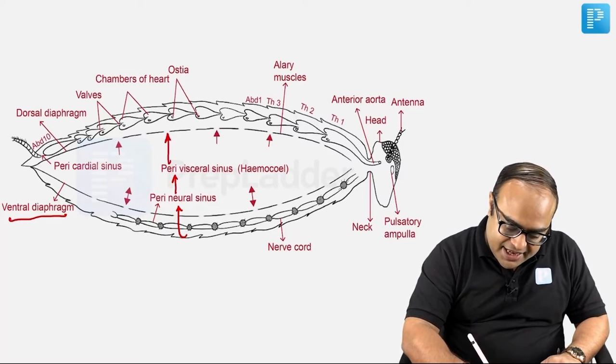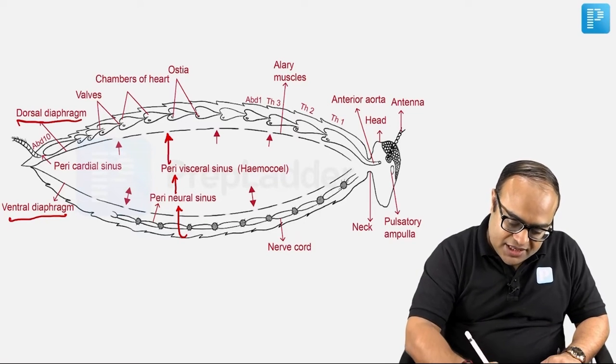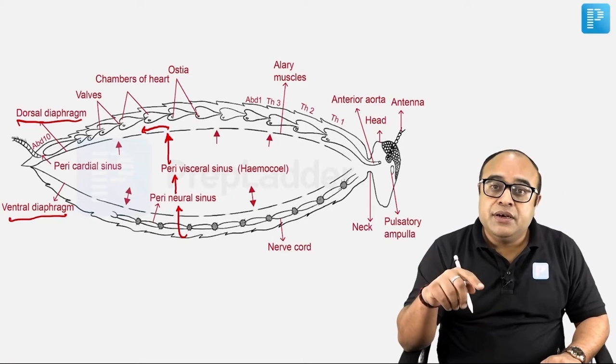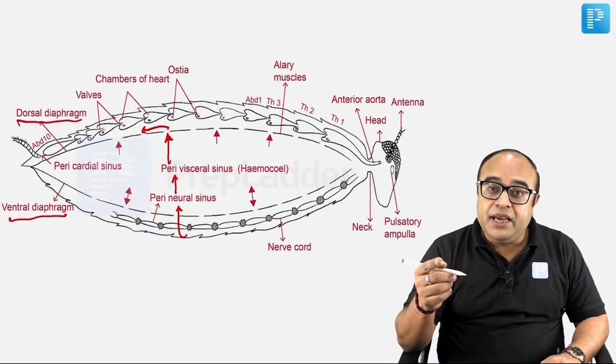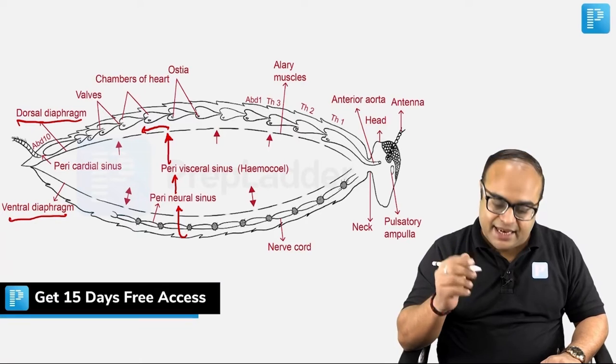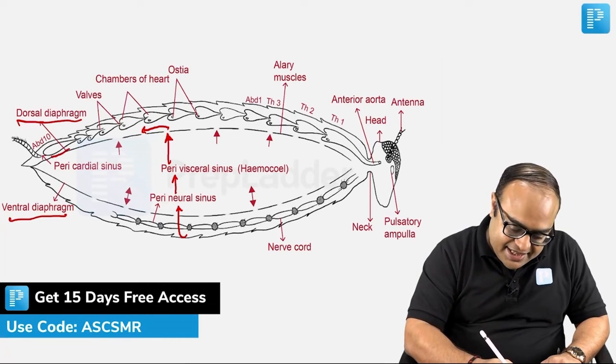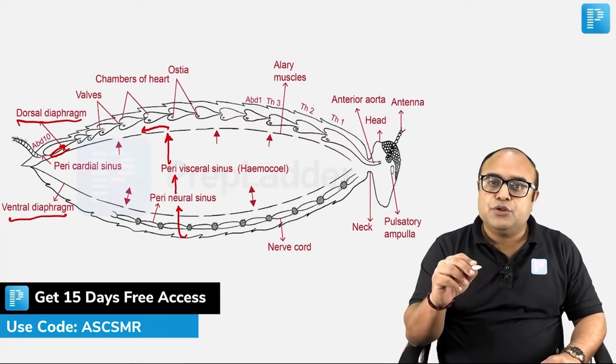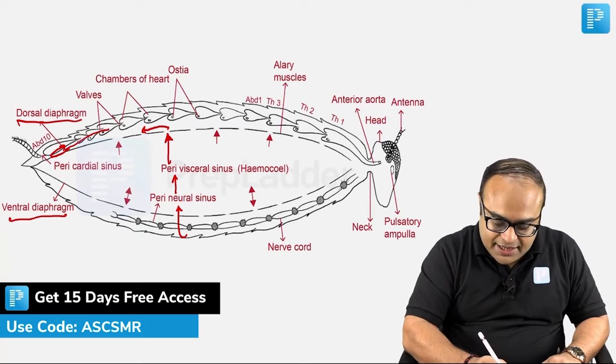From the perivisceral sinus, again through the dorsal diaphragm, it is coming into the pericardial sinus, and once it has reached the pericardial sinus, it goes through the 13 chambers of the heart.